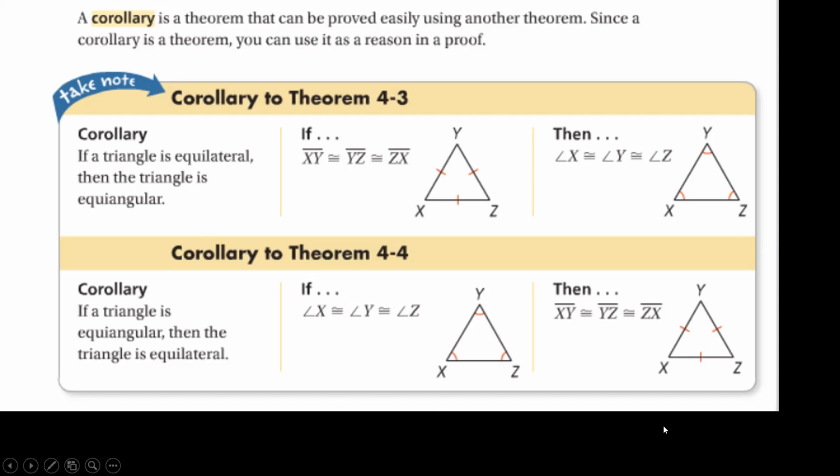I will show you how. In theorem 4.3, if you have this side, here we have its opposite angle.